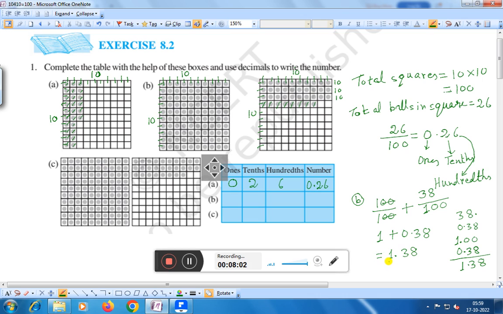The place value of 1 is ones. The place value of 3 is tenths.